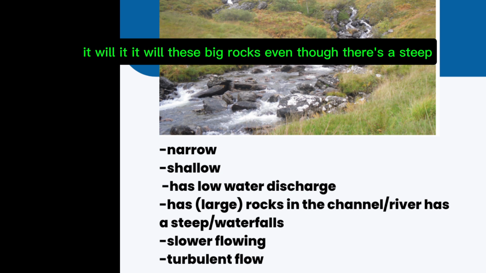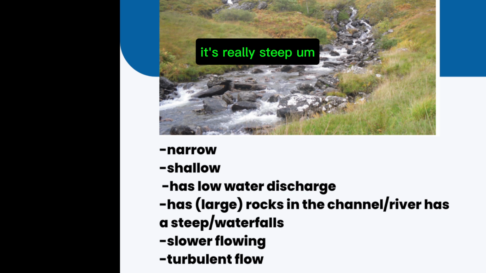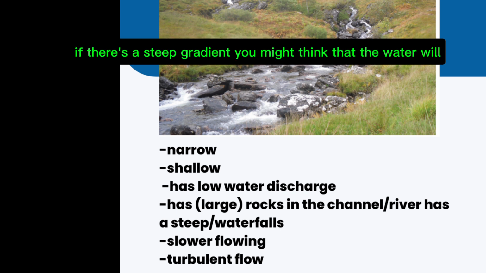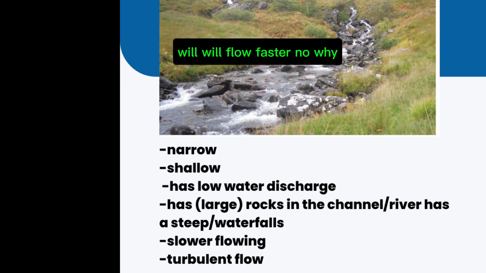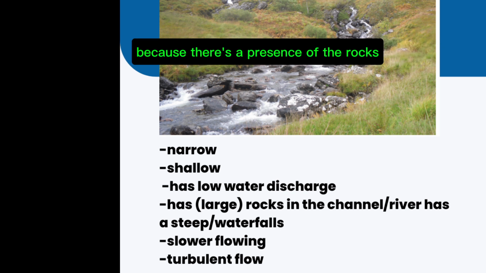If there's a steep gradient, you might think the water will flow faster. No. Why? Because of the presence of the rocks. These huge rocks disrupt the flow, so the river speed will be slower overall.